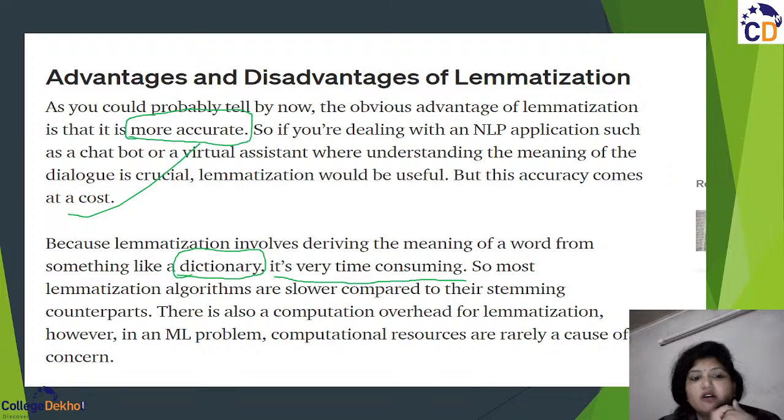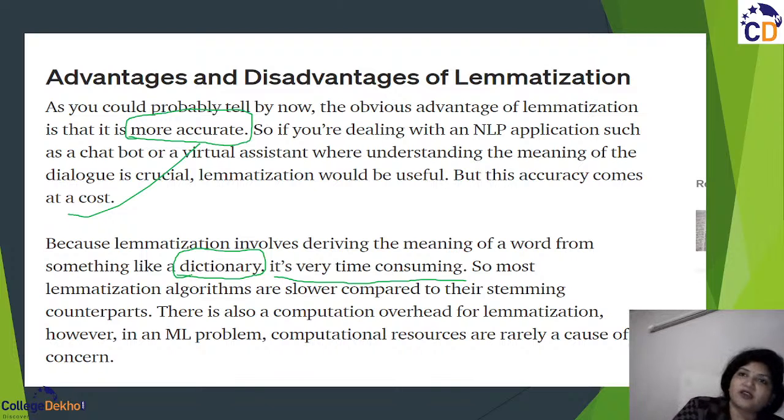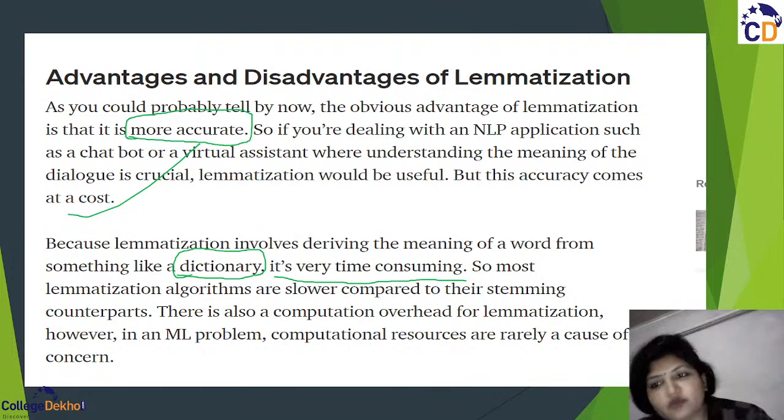However, in an ML program, in an NLP problem, computation resources are rarely a cause of concern, because in ML we want accuracy, right? Yes, this method is taking time, but it is going to provide you the accurate result.